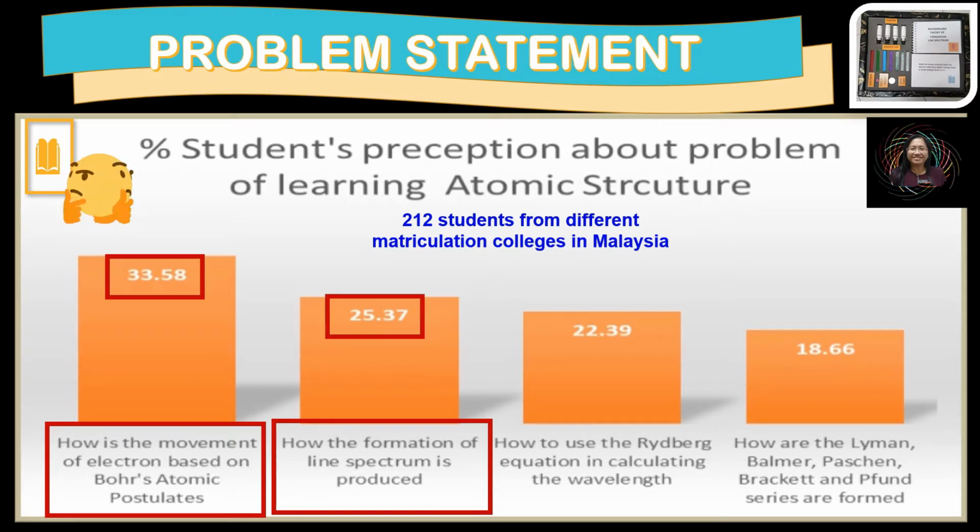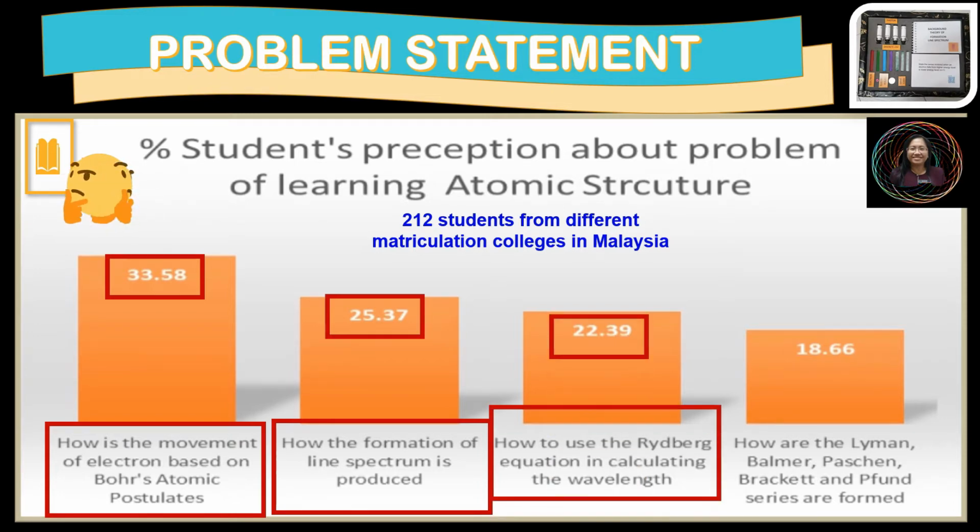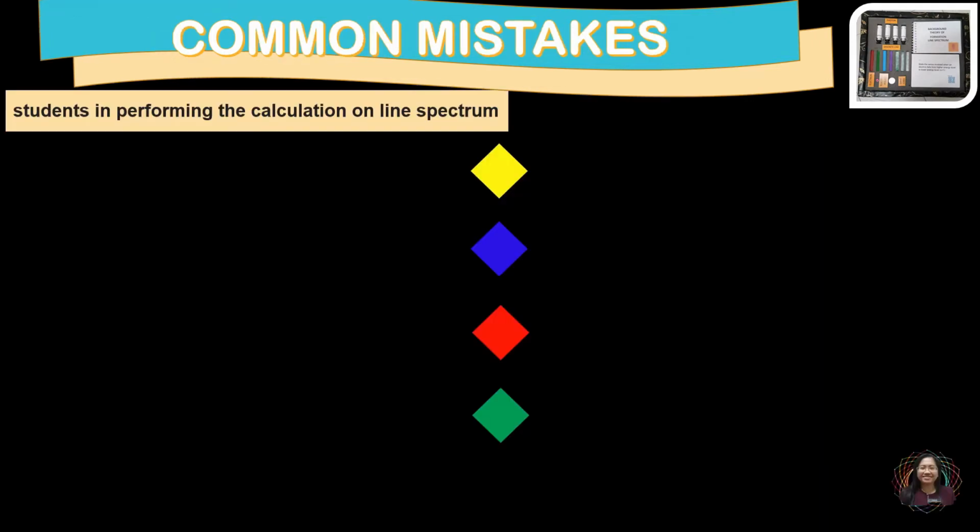Due to the inability to understand the concept of formation of line spectrum, 22.39% of students answered that they couldn't apply the line spectrum formation idea into calculation using the Rydberg equation, and 18.66% of students couldn't explain the formation of line spectrum in different series.